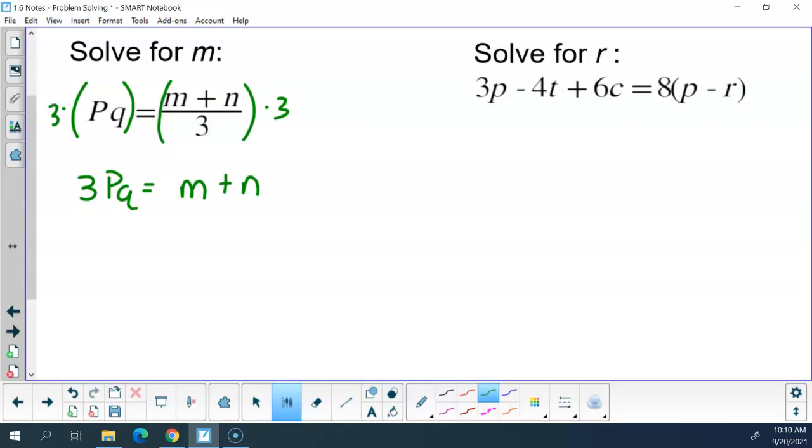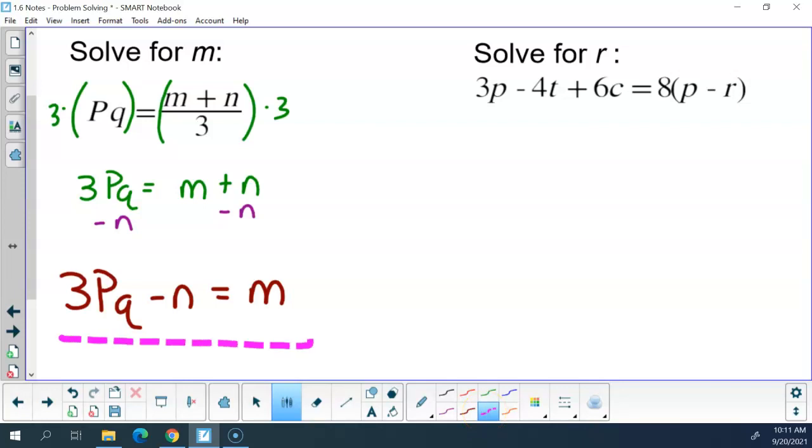Then I would subtract N. And once you have the variable that you're asking for all by its lonesome on one side, you're done.